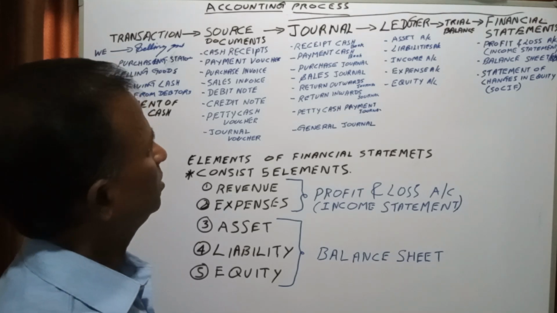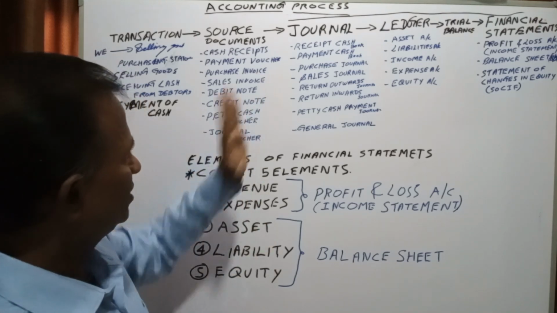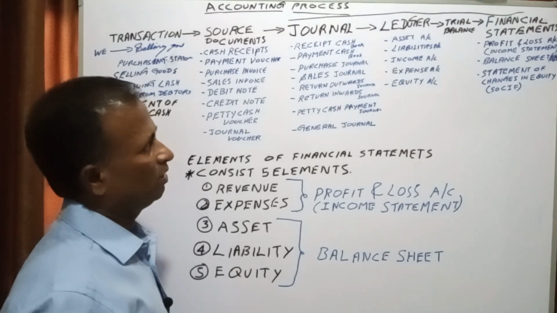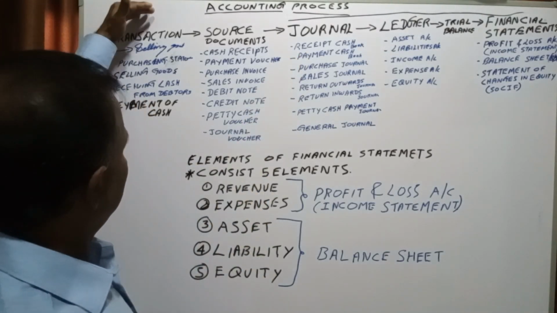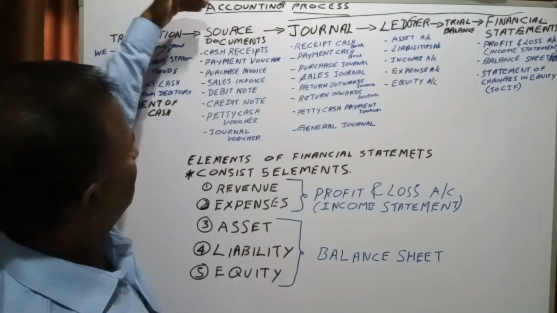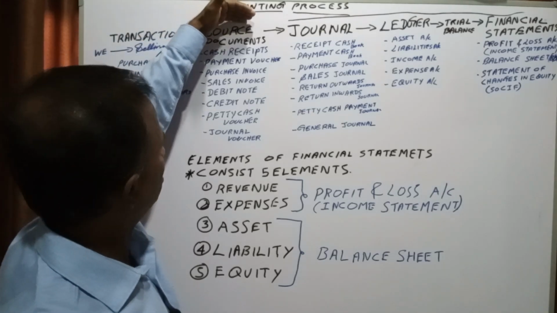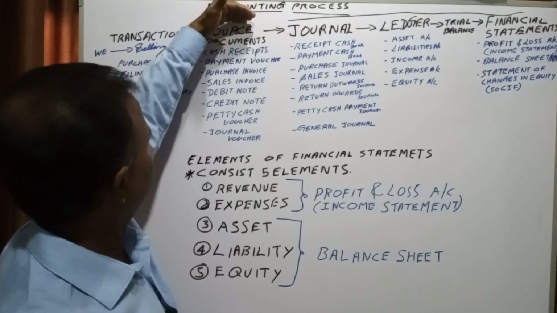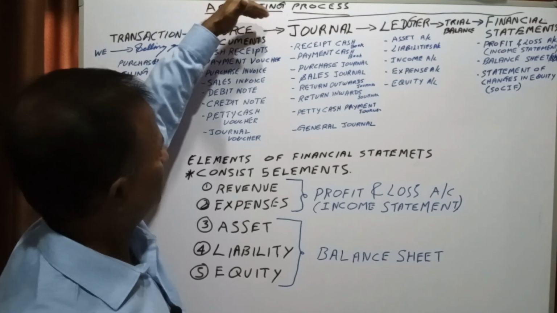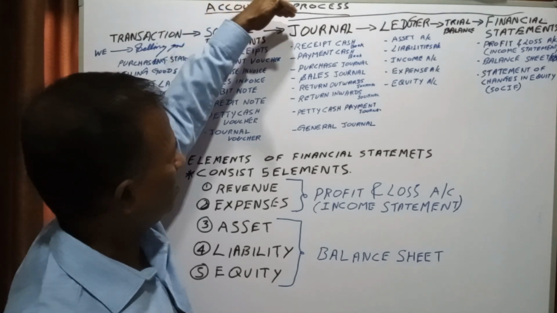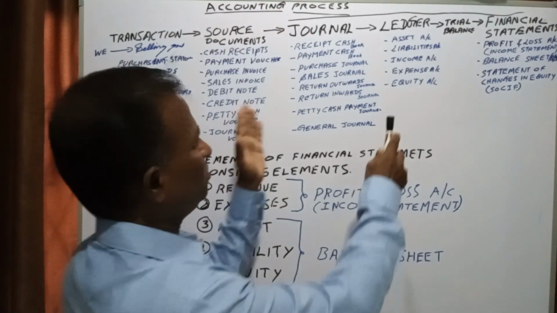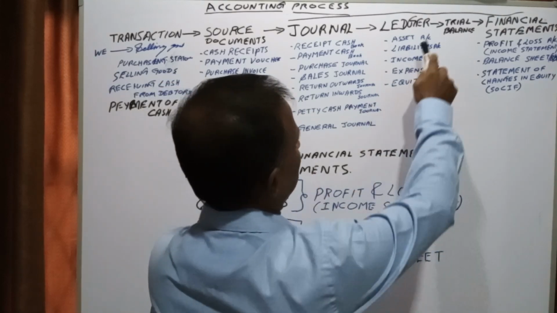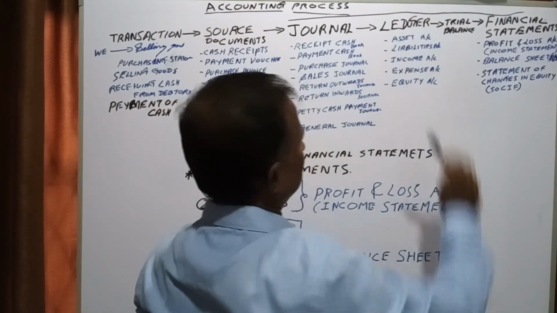So now we have covered journals also. Based on the transaction taking place, we gather the source documents for that particular transaction, and based on the source documents we record it in the journals, and from the journals we record it in the ledgers.